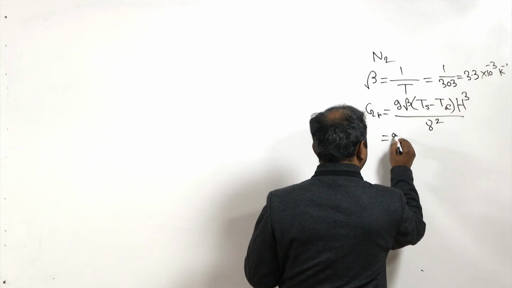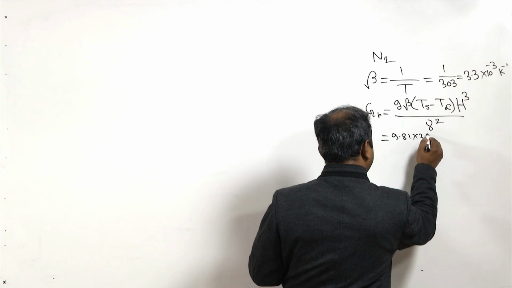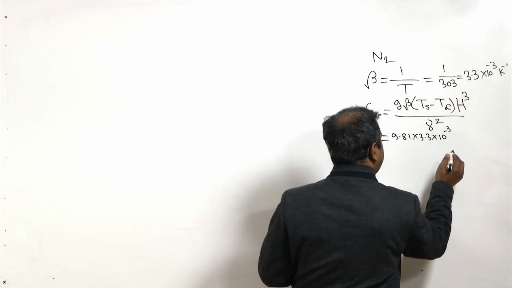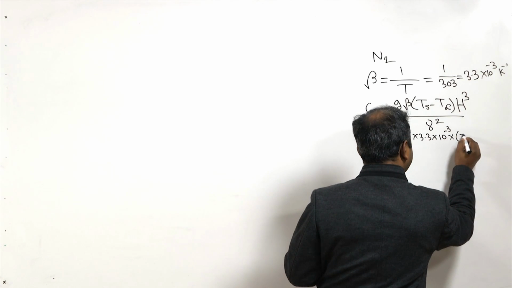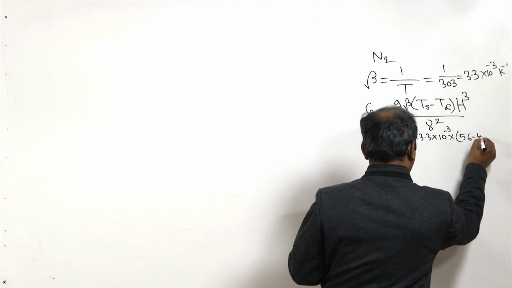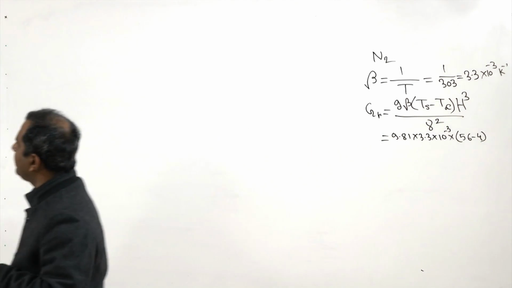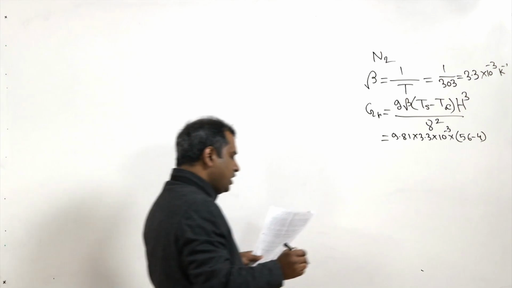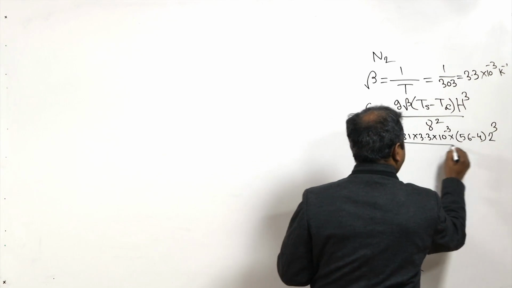This becomes 9.81 into 3.3 into 10 to the power minus 3, the value of beta, and then Ts as 56 and T infinity as 4, into H, which is 2 meter high, so 2 meter cube, divided by nu square.